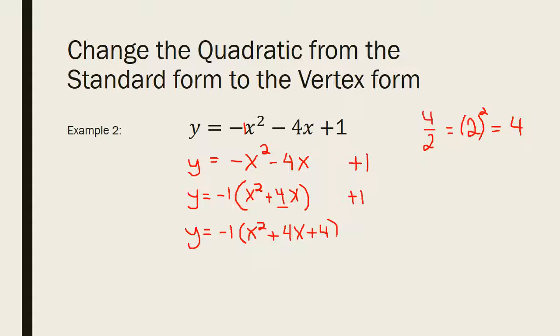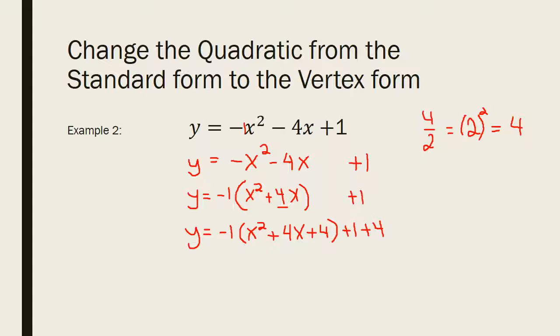And we have a negative 1 outside of the parentheses, which makes that 4, if I want to get rid of the parentheses, a negative 4. And the opposite of negative 4 is 4. That means I'm going to have to add 4 outside with the 1.